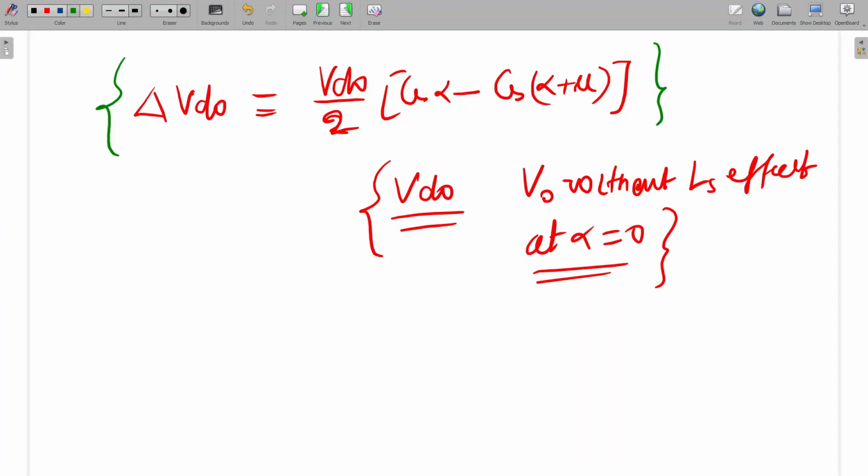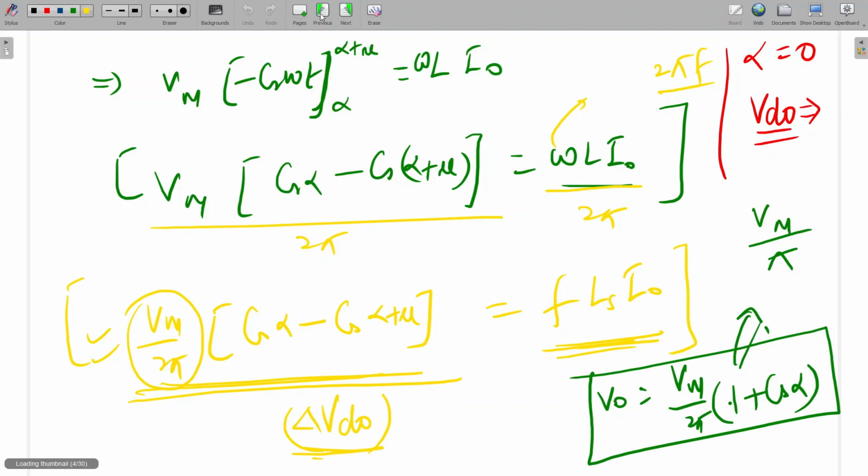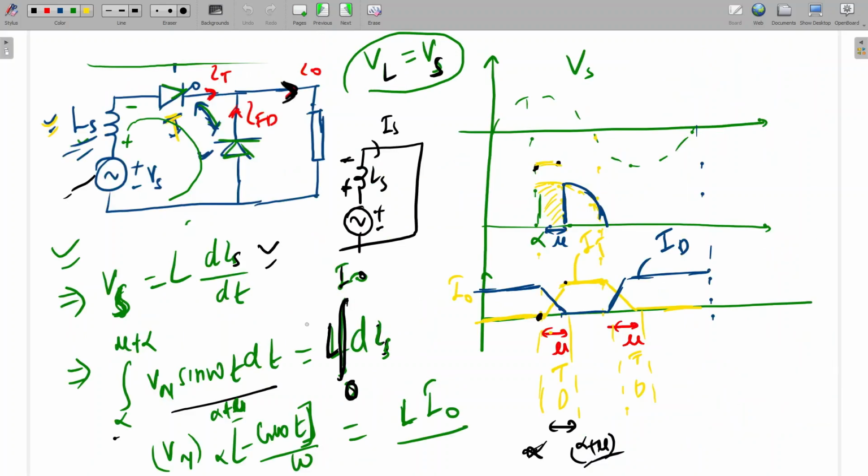Sir, I have one doubt. Okay, you can ask. Sir, generally we integrate with respect to d omega t, but here we are integrating with respect to dt. Okay, I'm integrating with respect to dt. It's correct only. So what is your doubt? See, VL is equal to L di by dt.